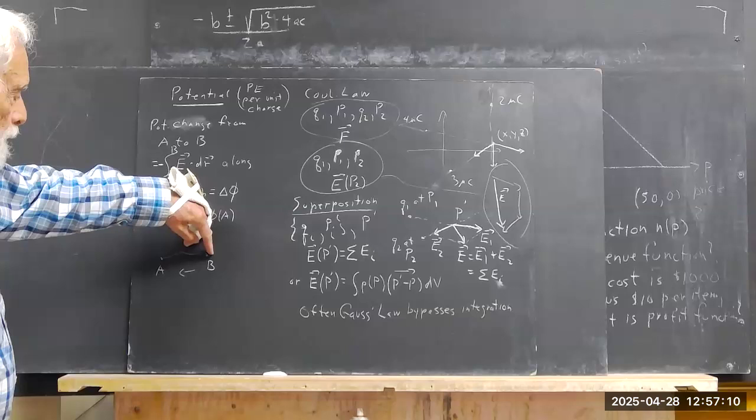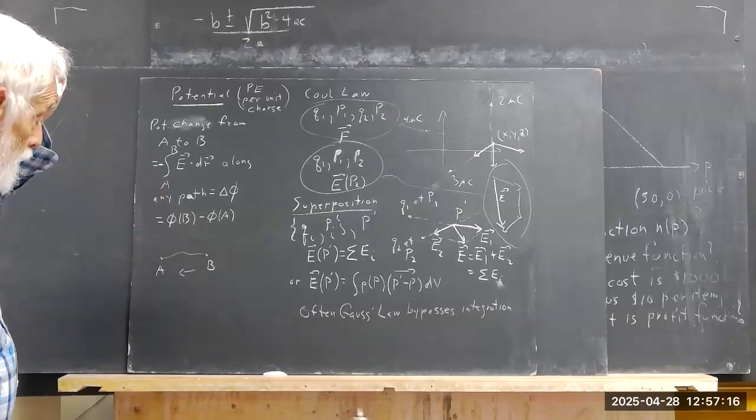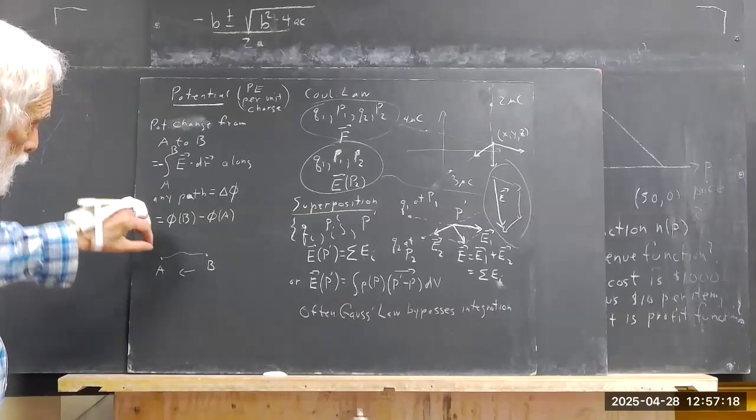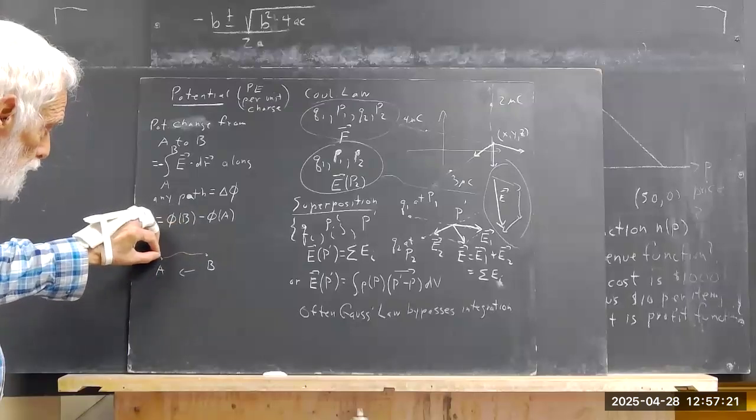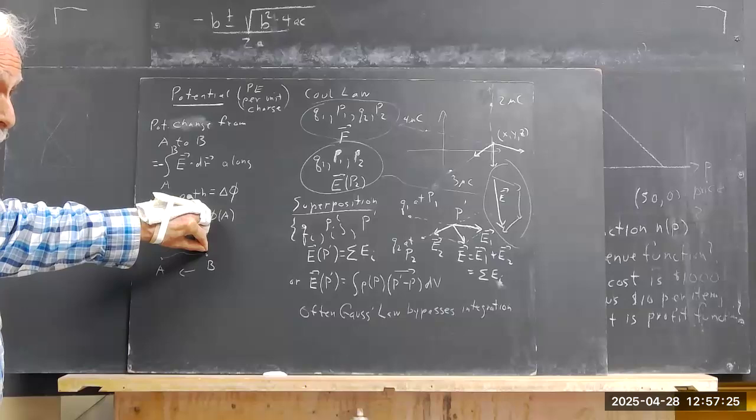If I have a positive terminal here and a negative terminal here, and I try to move a positive charge from the negative to the positive terminal, it's going to repel.